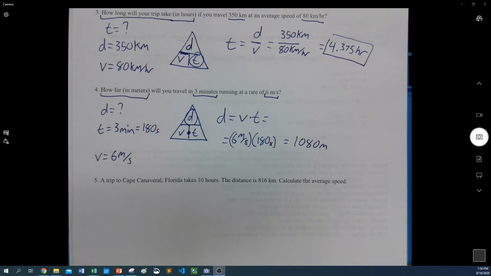So let's work on number 5. A trip to Cape Canaveral, Florida takes 10 hours. The distance is 816 kilometers. Calculate the average speed.